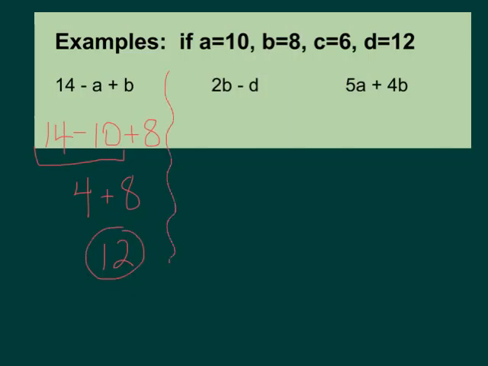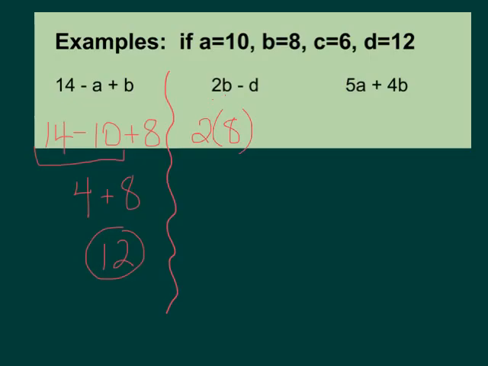Okay. 2b minus d, where b is equal to 8 and d is equal to 12. Remember from the first example that 2b does not mean list a 2 with whatever b is equal to standing next to each other. When you have a number and a variable standing next to each other, the operation that's there is multiplication. So we're going to write 2 times 8 for b.